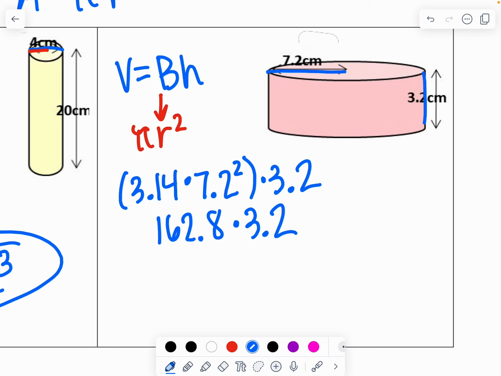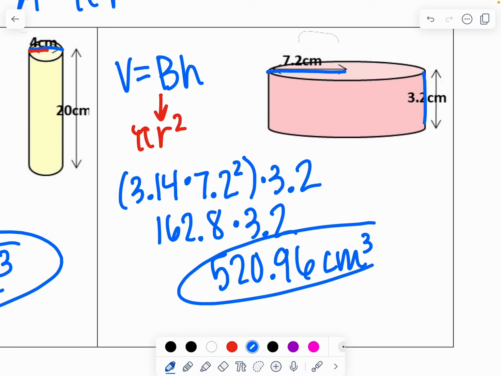And you would get 520 96 hundredths centimeters cubed. If you round that, it would be 520. Okay, so it's 521 centimeters cubed.